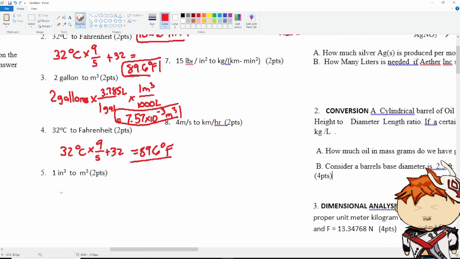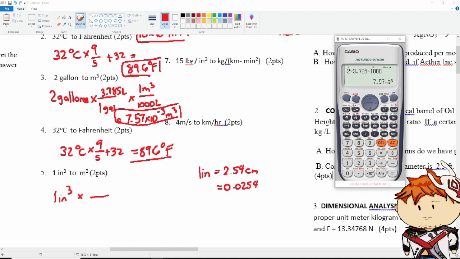1 inch cube to meter cube. Well, I know that 1 inch is longer. So 2.54 centimeter, or 0.0254 meter.